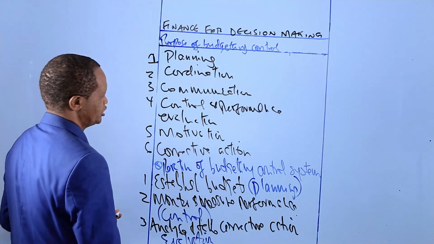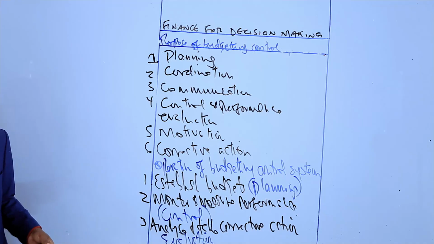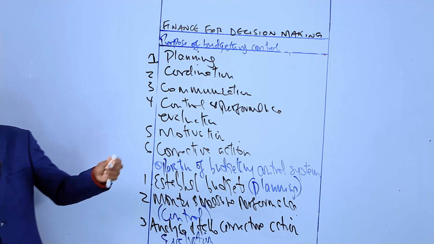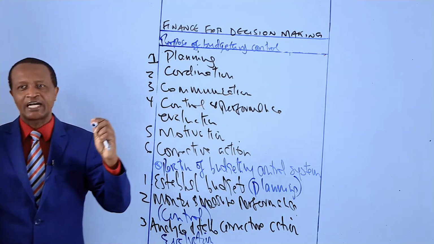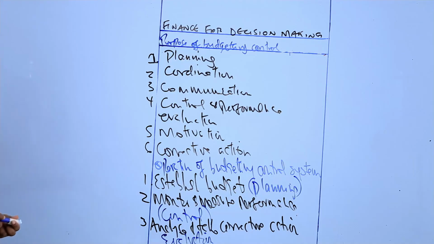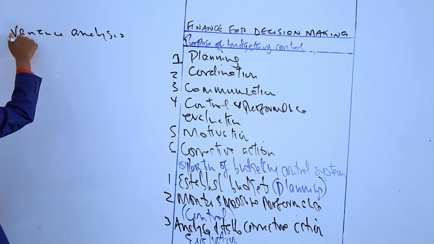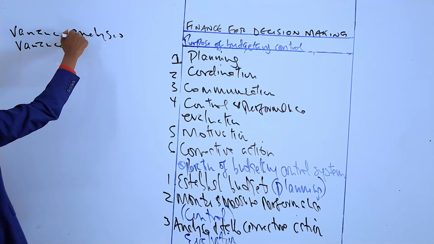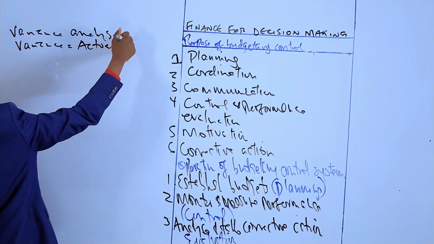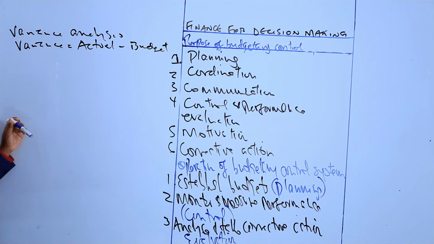This is the third stage in the operation of a budgetary control system, where variance analysis is performed to calculate the difference between the budgeted figures and the actual results. Because then variance will be equal to actual minus budget. Actual minus the budgeted.